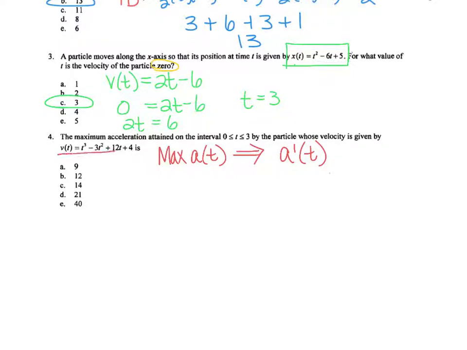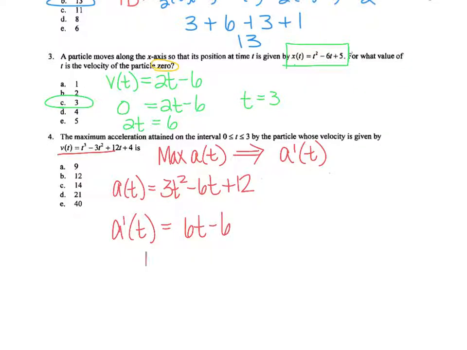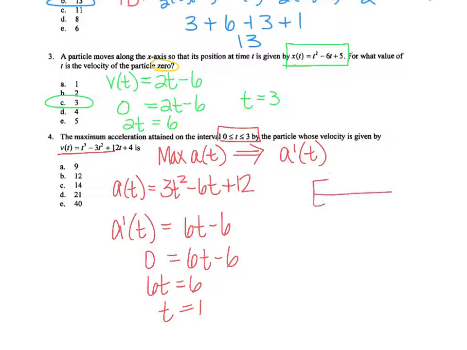We're given the velocity, so first we'll find acceleration, which is the derivative of velocity. But then to find the maximum, we have to analyze the derivative of acceleration, set that equal to 0, and find our critical points. So at time 1. And we're given this interval from 0 to 3.